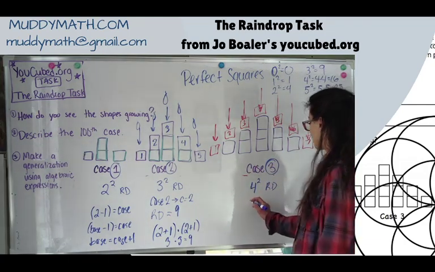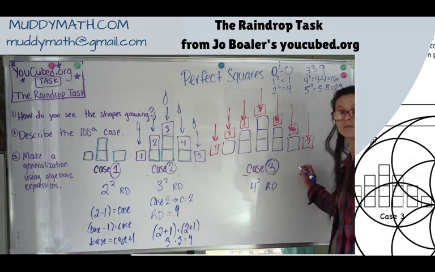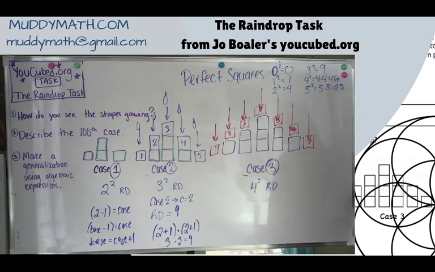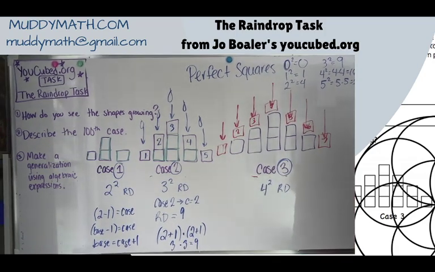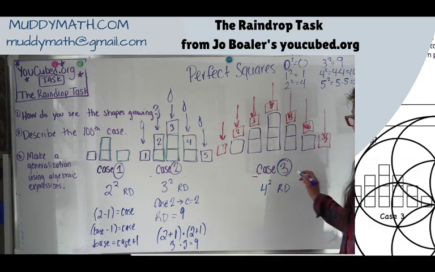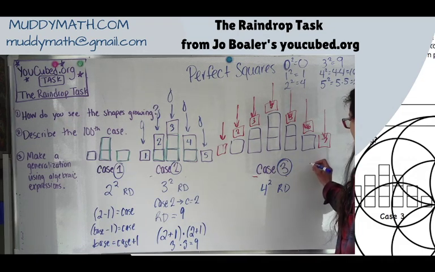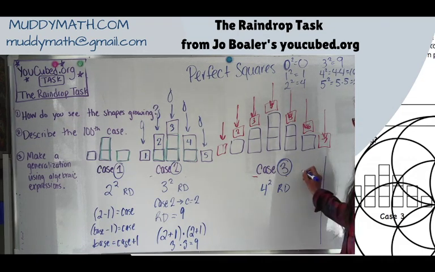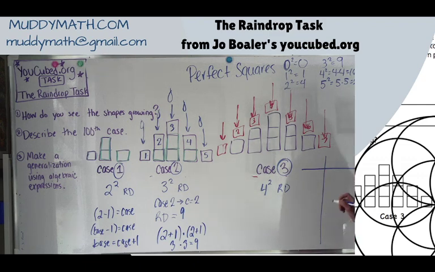Okay, so if we have case 3, all right, let's see if I can give you a better example here. Case 3. So what if I made a little table to organize everything I've done so far? Can you see this? Yes, you can. So the case number, and then the raindrops. Case 1, we have 2 squared raindrops, which is 4.